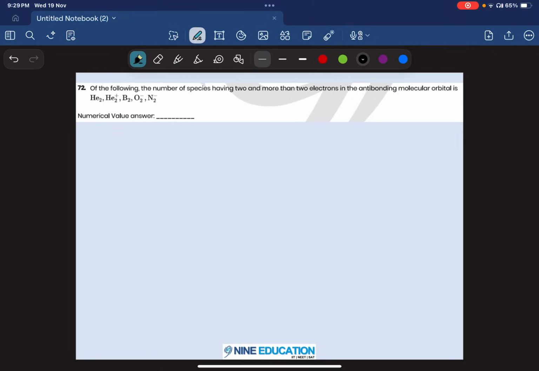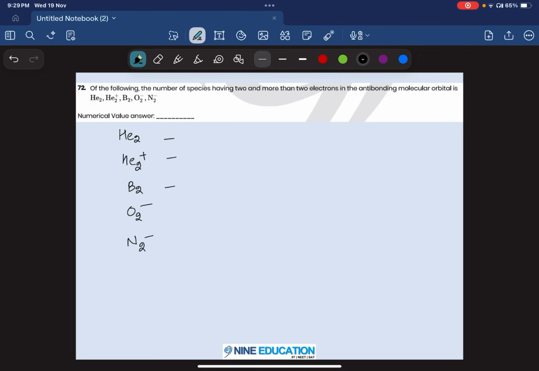So the next question: of the following, the number of species having 2 or more than 2 electrons in anti-bonding molecular orbital. So we need to check through the configuration. Here, we need to write the configuration of helium 2 plus, B2, O2 minus, N2 minus.